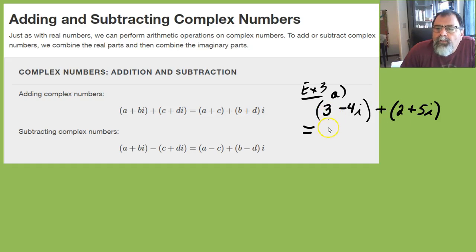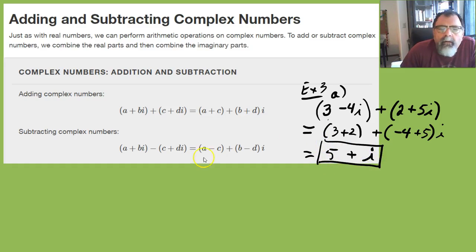So 3 plus 2 would be 5. You wouldn't write this down, you just write 5. Then you combine the i's: negative 4i plus 5i is just 1i, and you don't have to write the 1. So it's just 5 plus i.